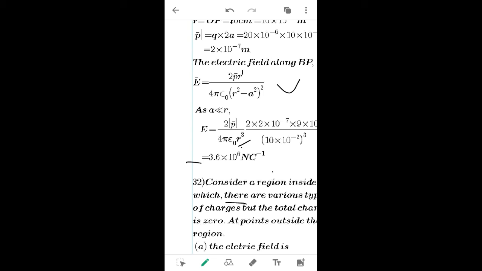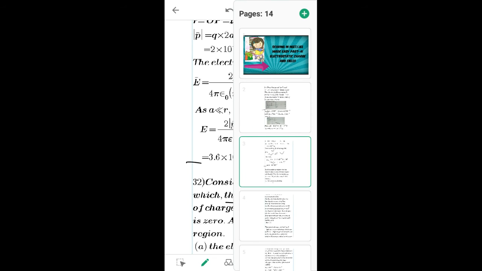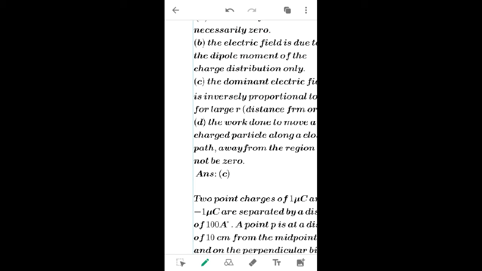Consider a region inside which there are various types of charges, but the total charge is 0. At a point outside the region, the electric field is necessarily 0. The electric field is due to the dipole moment of the charge distribution only.